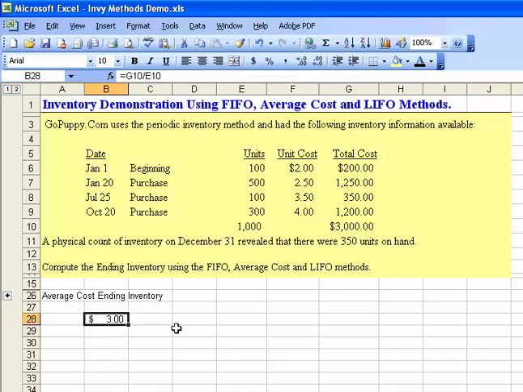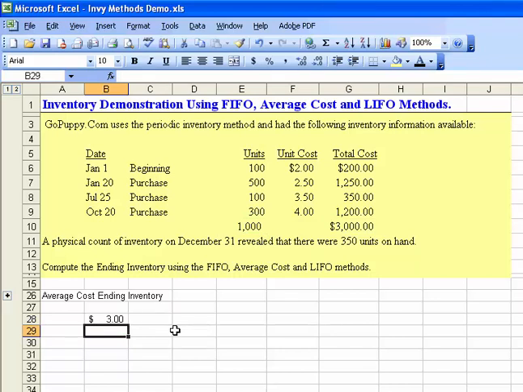Now, does everyone see that? I'll hit F2 so that's clear here. I'm taking the value of G10, which is the sum of the costs. This would be cost of goods available for sale, right? Beginning plus purchases, divided by the number of units to account for to come up with $3.